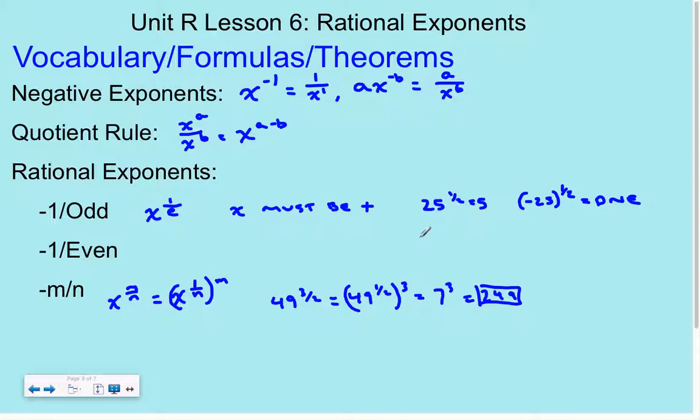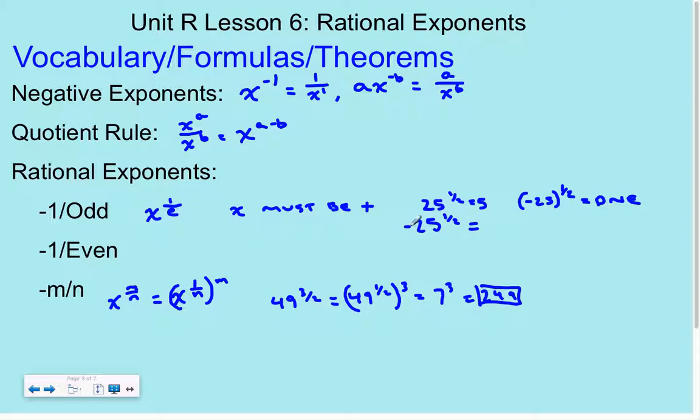So that doesn't work. Now, you got to be careful here because we do have something that's essentially different. If I say negative 25 to the 1/2, this is a little bit misleading because it looks like negative 25 is negative. But in fact, 25 is still positive. If we think of the order of operations, we would do exponents first. So we do positive 25 to the 1/2.